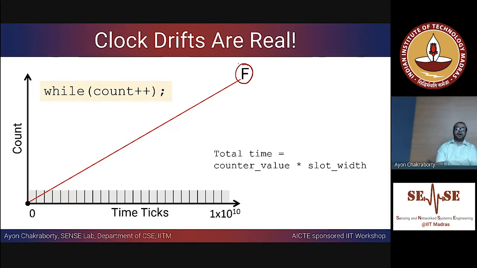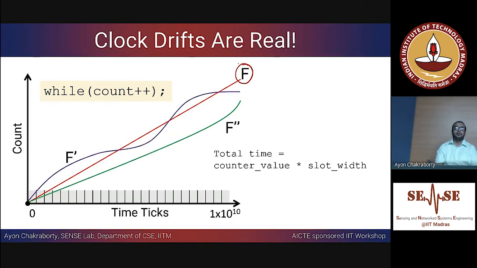However, in the real world it is not going to behave in this way. Sometimes the clocks can become slow, sometimes the clocks can become fast. There are a lot of things that can happen, which is far from ideal. So this is an ideal scenario. There is no drift.